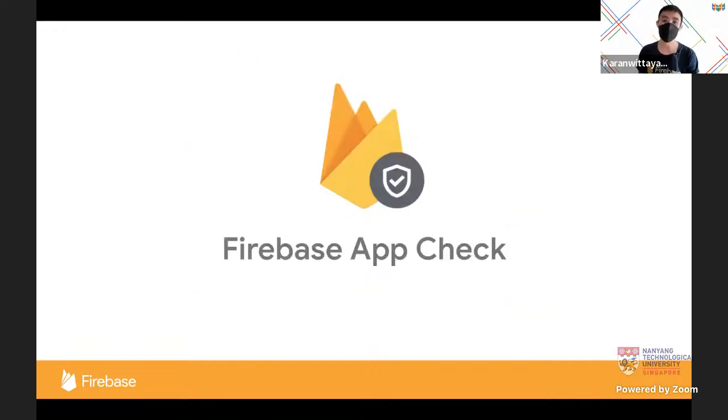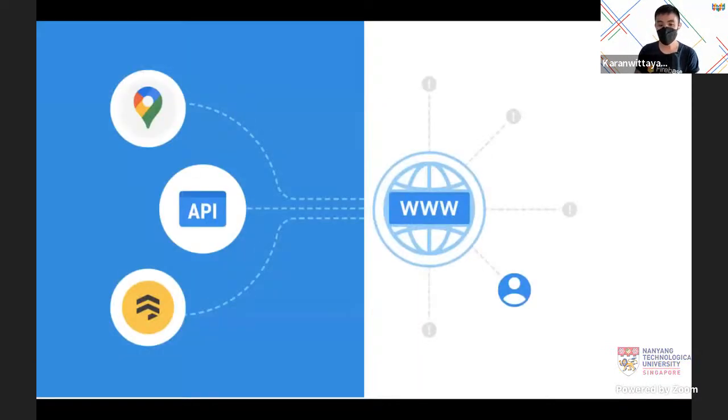And lastly, in the Build Better App area, Firebase App Check. Firebase App Check is a service that helps you protect your server-side services. Actually, when you build an application or website, you may connect to Google Cloud services, to other Firebase services, or you may create your own API, right?